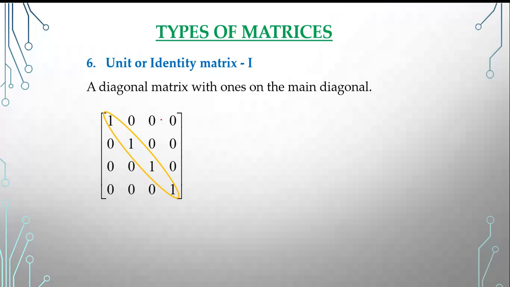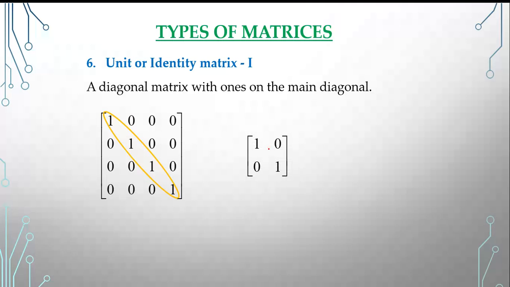But what is the difference between the diagonal matrix and the unit matrix? In a diagonal matrix, 1, 2, 3, 4 different elements may be there in the diagonal, but in the identity matrix all diagonal elements should be 1. So this type of matrix is the identity matrix.